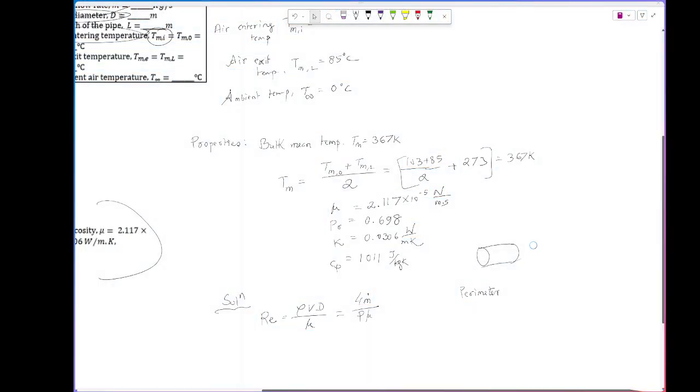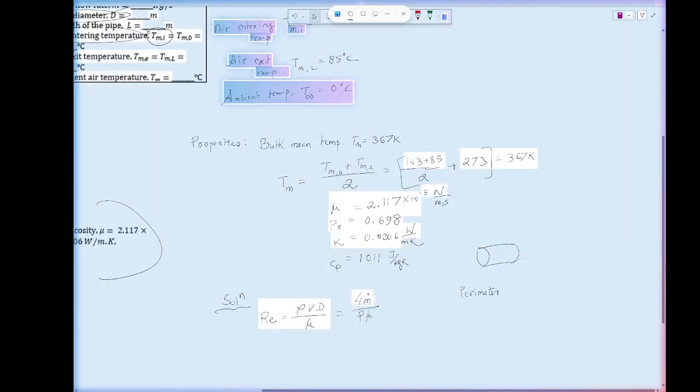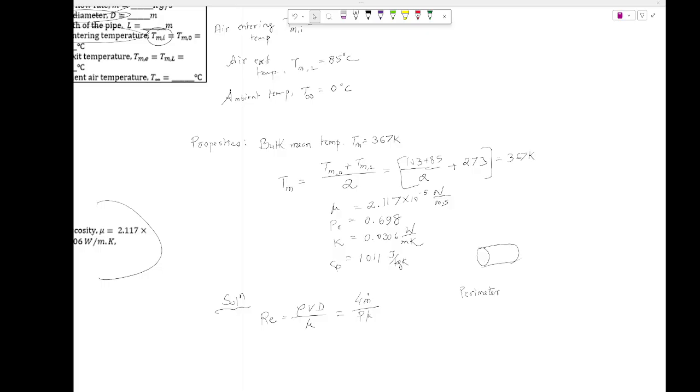So if the diameter is d, the perimeter P equals pi d. Everyone remember that? You guys remember what perimeter is? Let me highlight it in red. So this is the perimeter, right? This is geometry class. This is the perimeter, pi d.